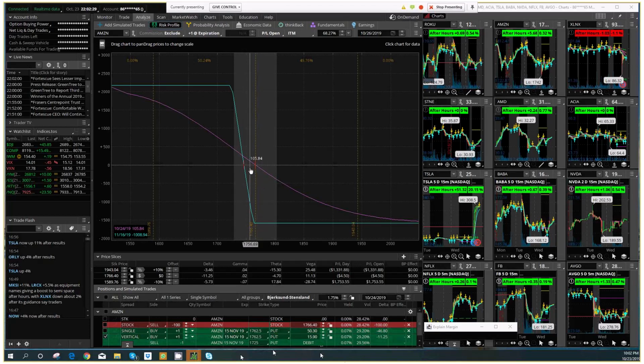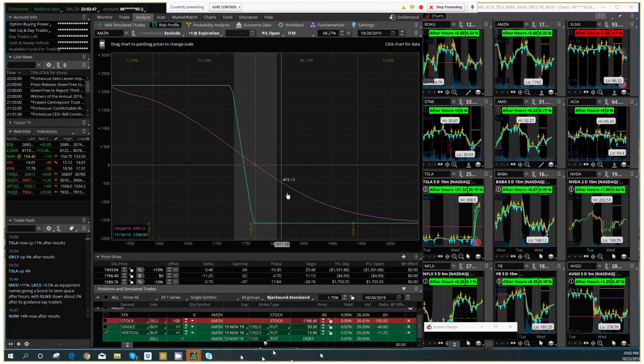So, yeah, you can only lose the max that you paid. I'm sorry, if I'm buying a put spread, if it goes downwards, I make money.